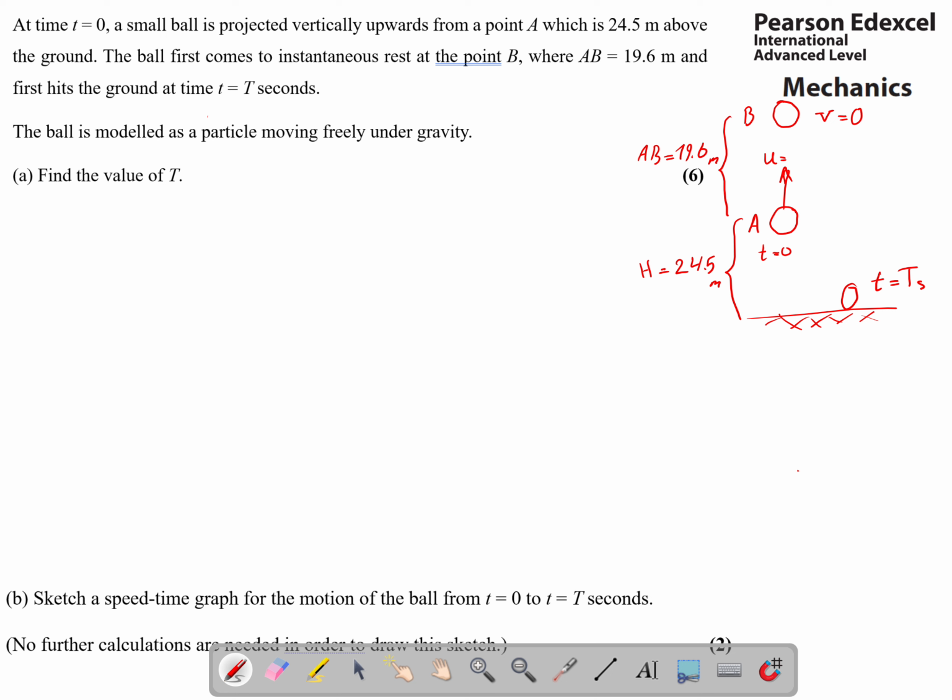Total journey, total travel. The ball is modeled as a particle moving freely under gravity. It means that our acceleration equals g. Find the value of t.